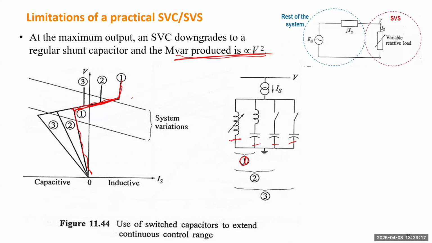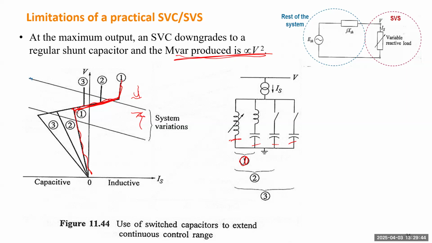Which means if you maintain the voltage within this narrow range, that can make sure the voltage is controlled. But once it reaches the limit, it will downgrade to just a shunt capacitor. This straight line with negative slope just indicates the system condition.